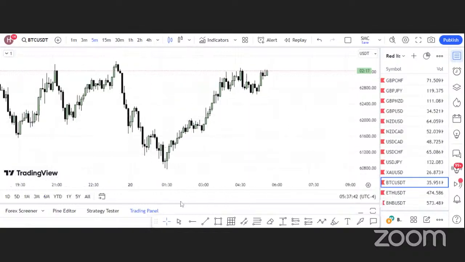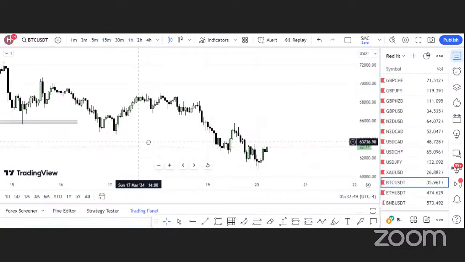So we are currently on BTCUSDT, 5 minutes time frame. Let's make our analysis from the higher time frame.